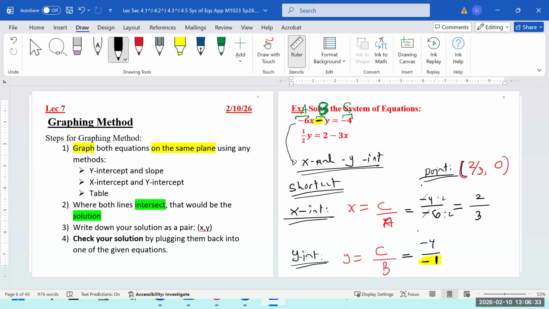And this one is easy, right? What is -4 divided by -1? Just 4, because they cancel out. So in point format, how are we going to write it? What's the x value in the y-intercept? 0, and our y is 4.